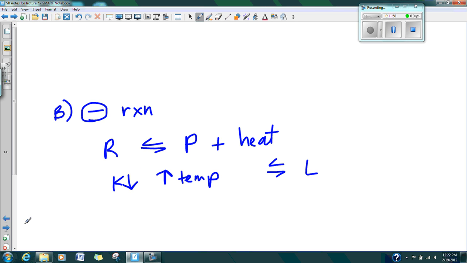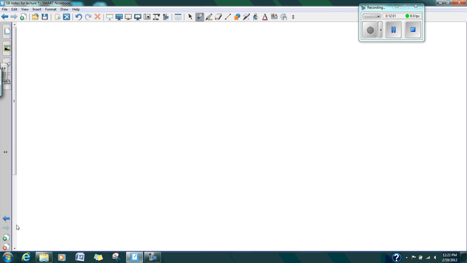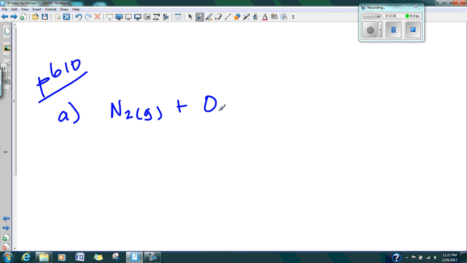So now if you take a look at page 610, it also has an example of LeChatelier's, and it talks about the temperature being increased and how that affects the values. So it says, for each of the following reactions, predict how the value of K changes as the temperature is increased. All right, so if I take a look at equation A, I have nitrogen gas, diatomic, oxygen gas.